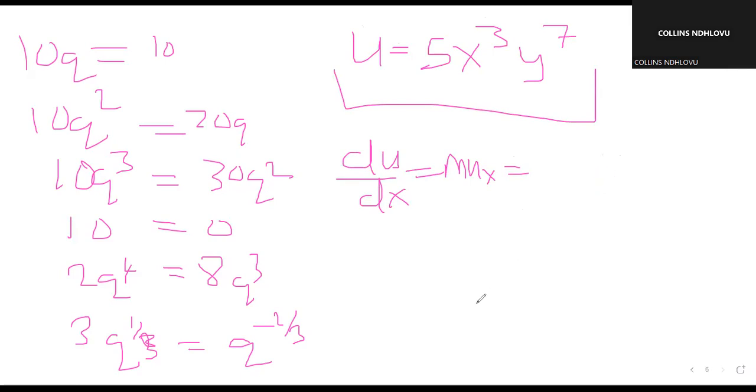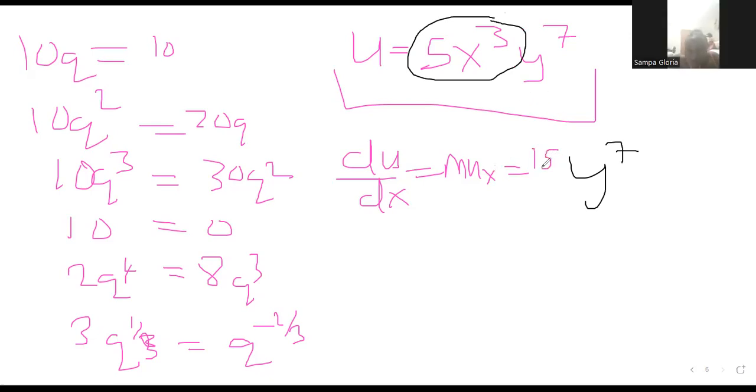Let me just use a different color. So you cut and paste y7 as it is. So we're going to remain with what? 5x3. Differentiate 5x3 for me. It's 15x to the power 2. 15x2, correct.